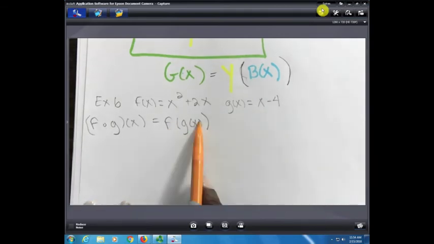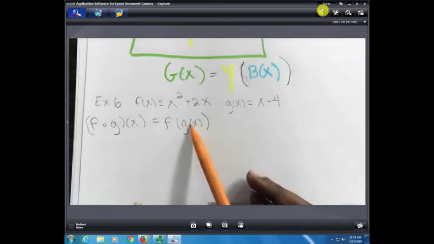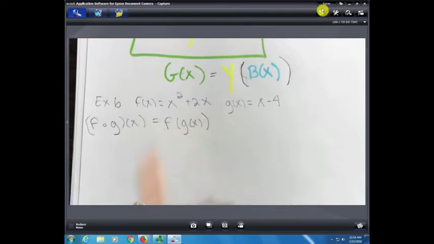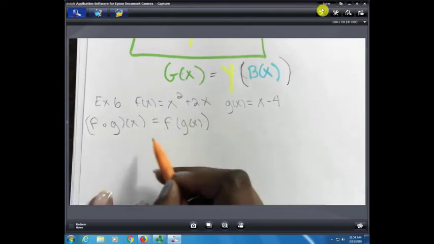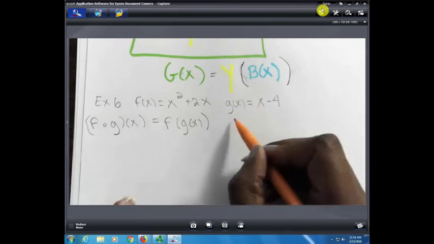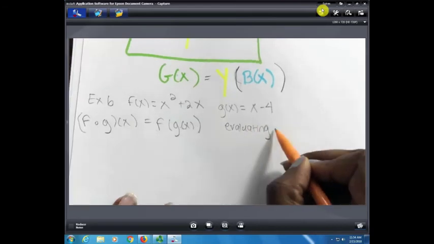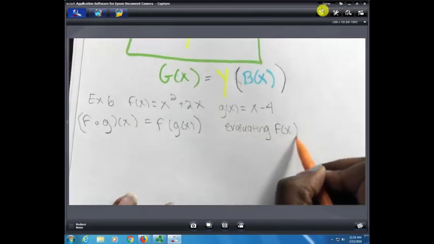And again, this is not multiplication. You are saying that my f function becomes a function of the g function. So whatever my g function is becomes the input of my f function. Now, let's go back and think about evaluating expressions. I have some f function.